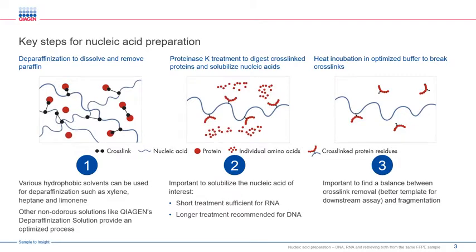The second step is to solubilize the nucleic acids, and the best way to do that is usually a digestion of cross-linked proteins using proteinase K or other proteinases.